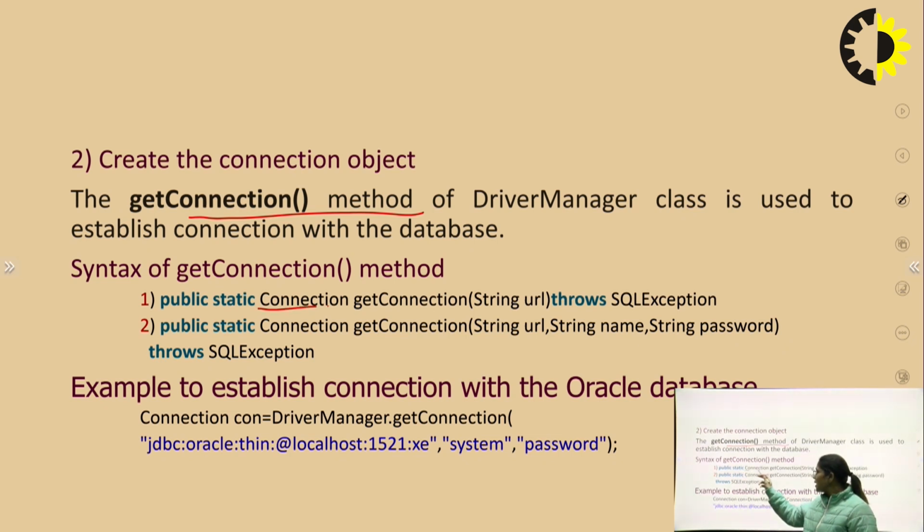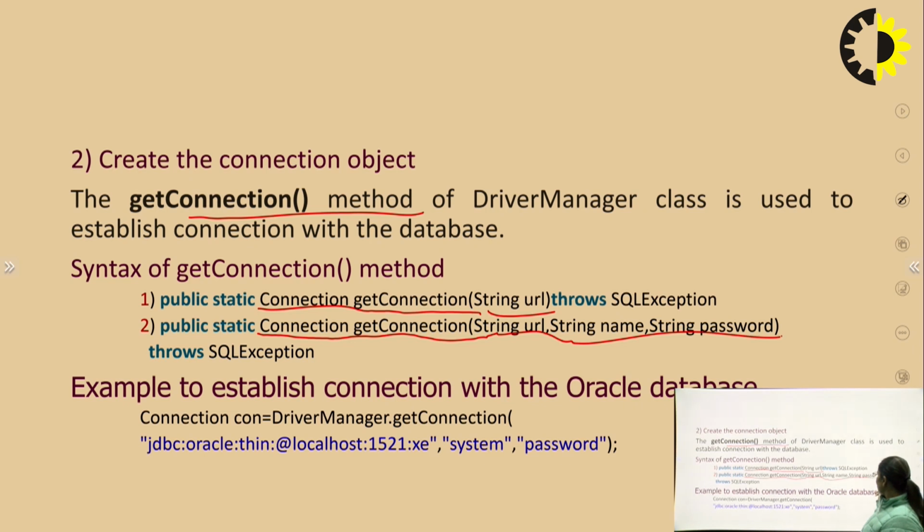First, public static Connection getConnection(String url) throws SQLException. The second method is similar to the first one, but along with the string URL, we can also take the string name and string password.